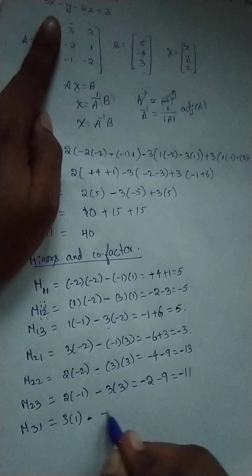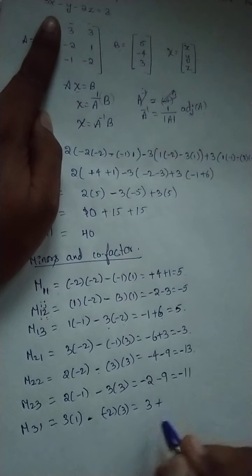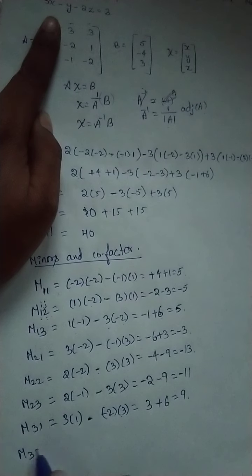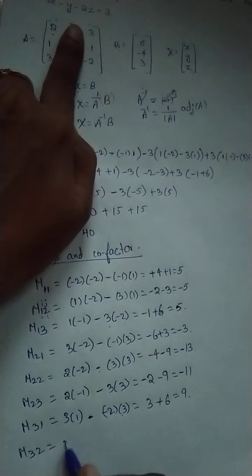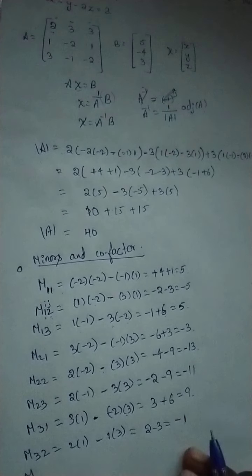Again M31 can be calculated by 3 into 1. Okay, 3 into 1 minus 2 into 3. So 3 plus 6, that is our 9. Again M32, 2 into 1 minus 1 into 3. So 2 minus 3, minus 1. Again M33.